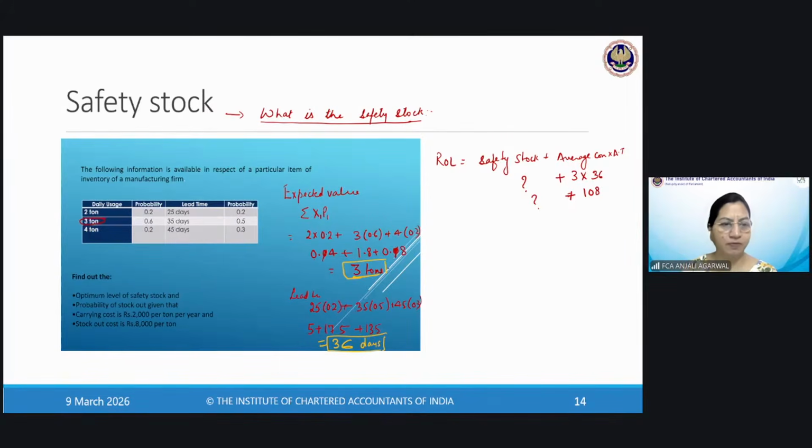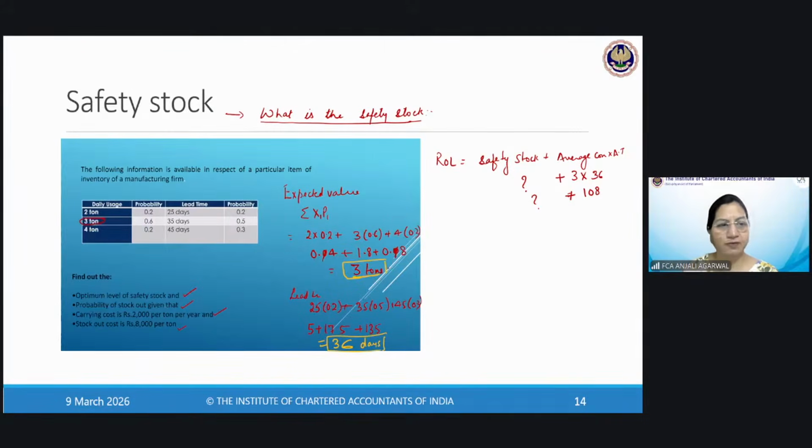So from this information, find the optimum level of safety stock and find the probability that you will get a stock out. Carrying cost is 2,000 per ton and stock out cost is 8,000. So if you find yourself short of inventory, it will cost you 8,000 per ton. However, if you keep a lot of inventory, it is going to cost you 2,000 per ton per annum. So what should be the safety stock?